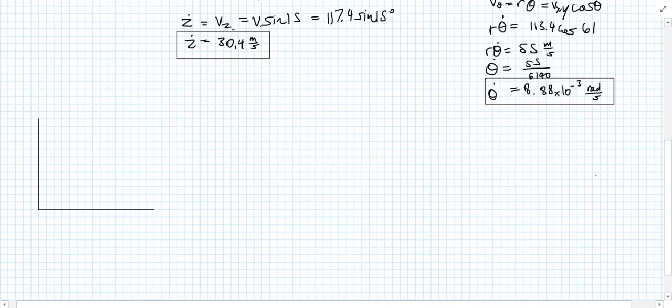So to do this, we're going to need to draw this again. Basically I'm just drawing that triangle on there. So our plane is out here, and this is going to be the z direction, and this is going to be the r direction.